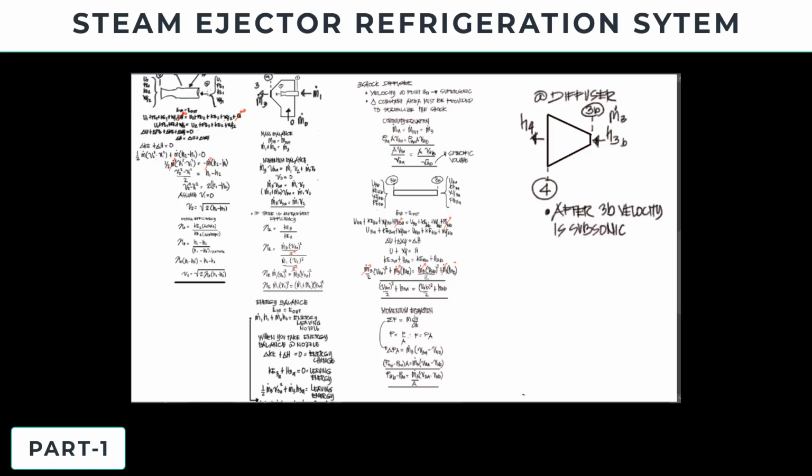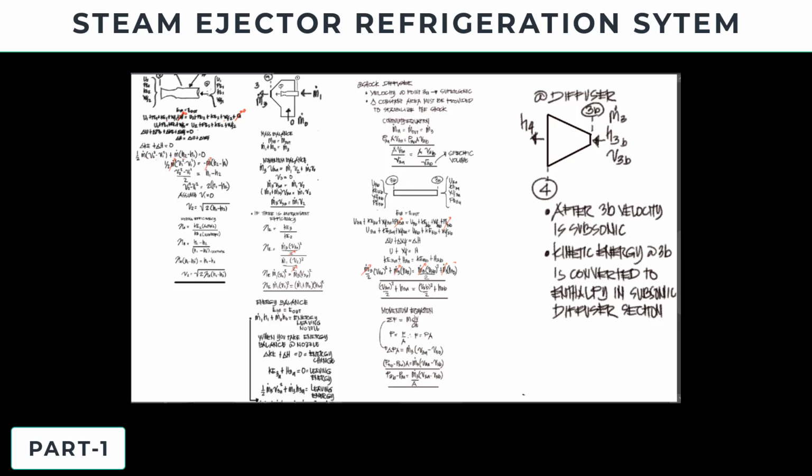After 3B, the velocity will become subsonic, and the kinetic energy at 3B will be converted into enthalpy in the subsonic diffuser.